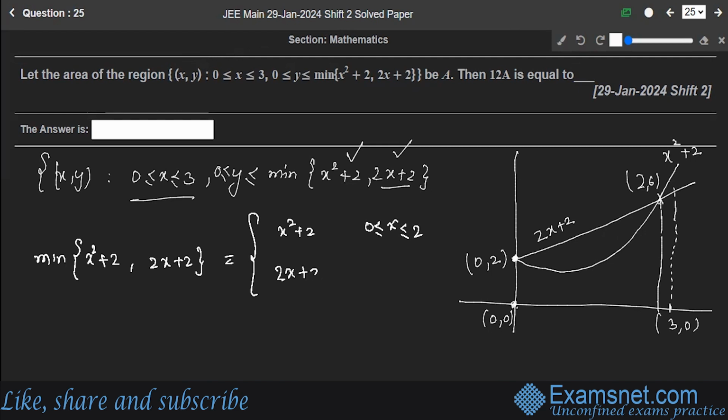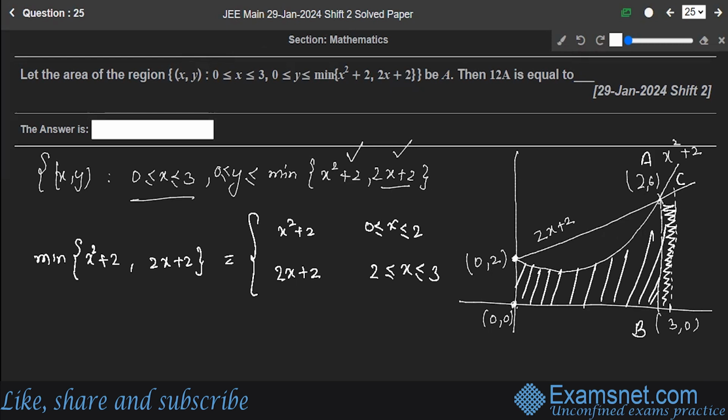And this will give me the minimum when x lies between 2 and 3. All right. So that means the required area will be this shaded portion plus this trapezium. This is a trapezium because you have these two lines. Let's say this is point A and this is point B and this is C and this is D point. ABCD is a trapezium with the parallel sides AB and CD.